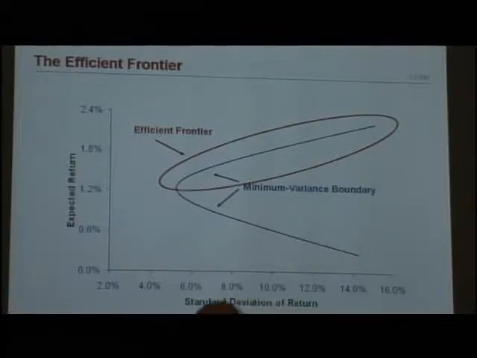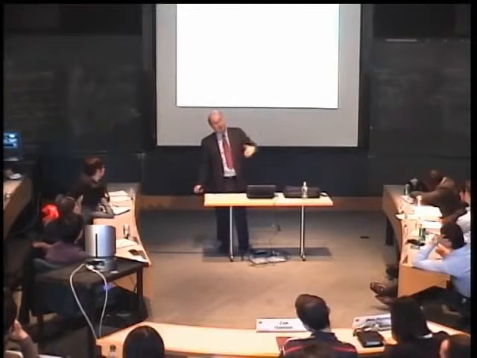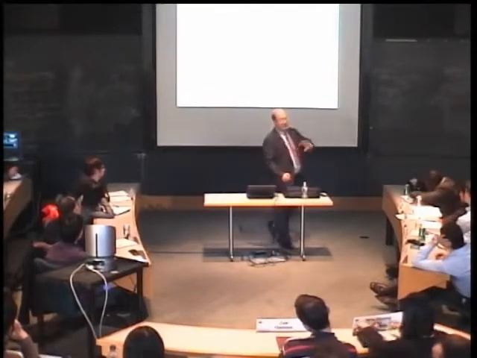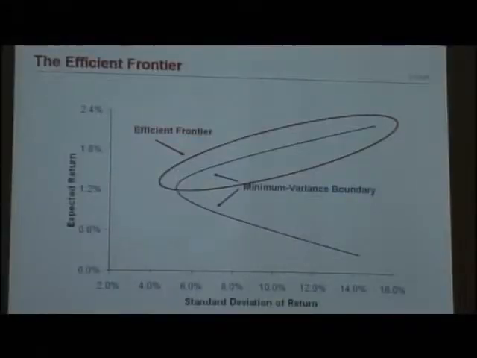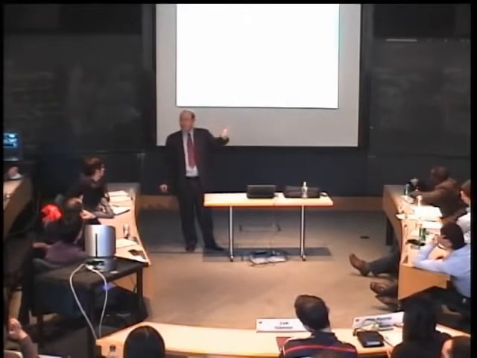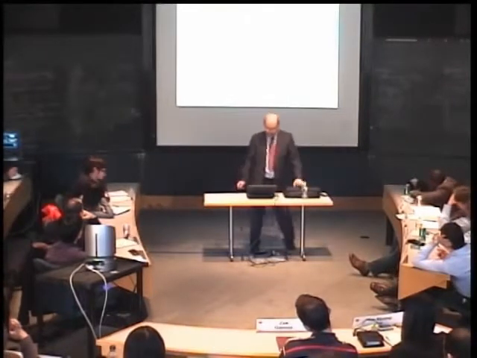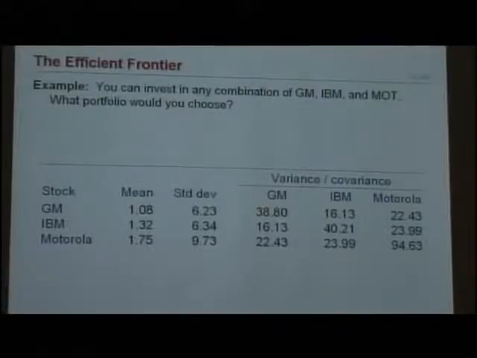And it turns out that because we like expected return and we don't like risk, we want to be on the upper part of that bullet. So this upper part is known as the efficient frontier. So that's the one thing we can tell about portfolio theory. It's that we want to be on the upper branch, but where on the upper branch depends upon our risk preferences. Okay?